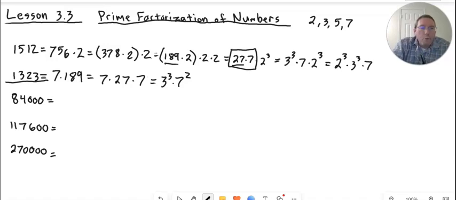84,000, we can actually do that as 84 times 1,000. Okay, so these are both composite numbers, but we can do them separately. 84 divided by 2 is 42 times 2, all right? And 1,000 is the same thing as, so we're multiplying. 1,000 can be divided by 2 or 5.